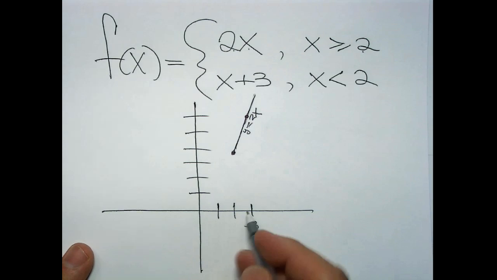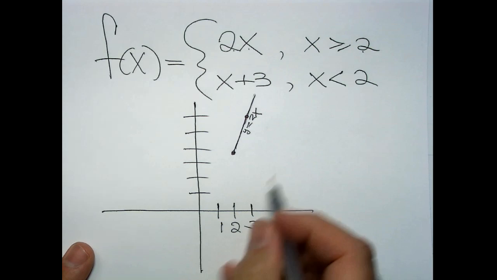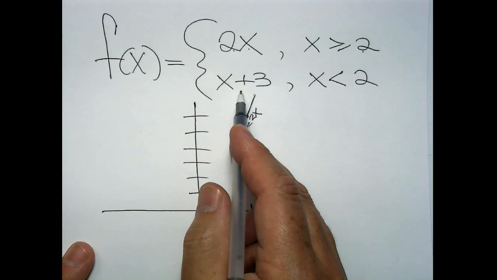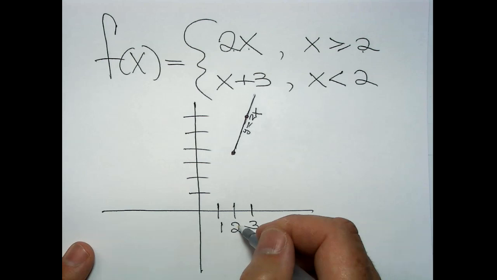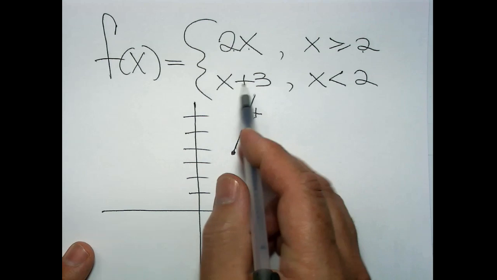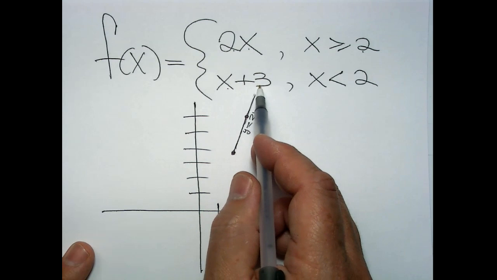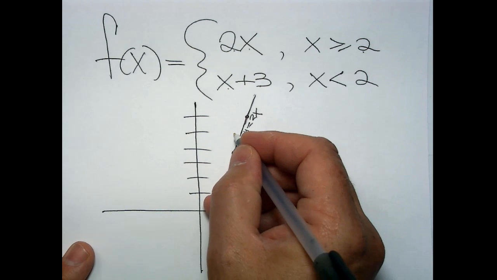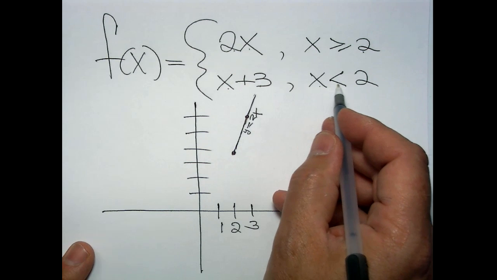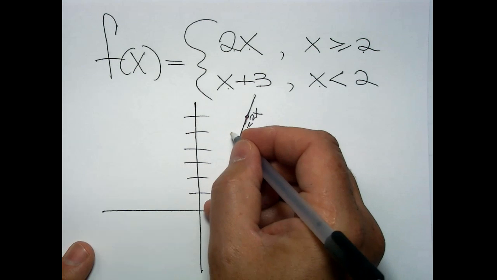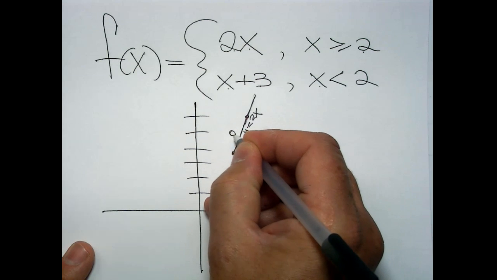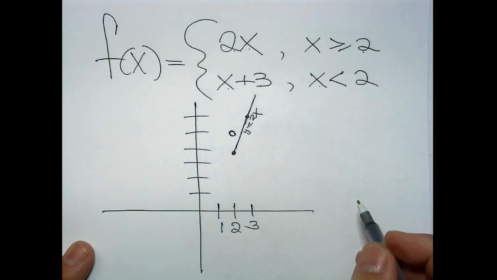Now over here, for 2 and less than 2, I should be using this function right here. So let's go to 2, and let's do 2 plus 3, which is 5. Now, because it says x must be less than 2, there's actually not quite a point there. There's an open circle there, okay?